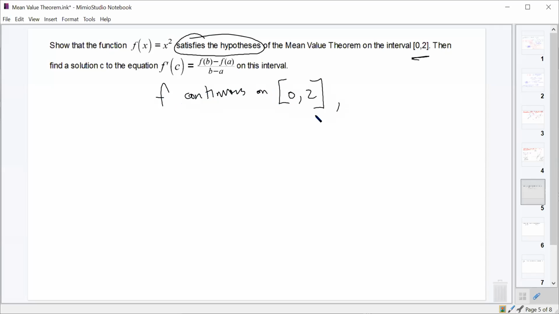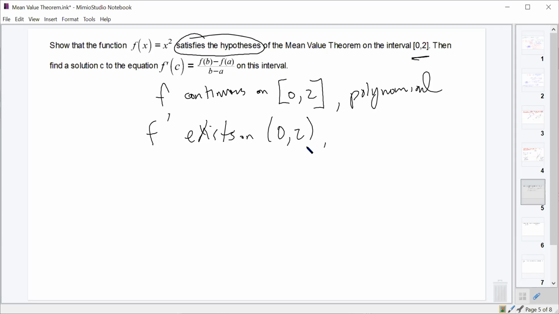And why do we know that this function f of x equals x squared is continuous from 0 to 2? What knowledge about this function tells us that? It's a polynomial. Right. So we'll say it's continuous because it's a polynomial. And does f prime exist on the open interval 0 to 2?